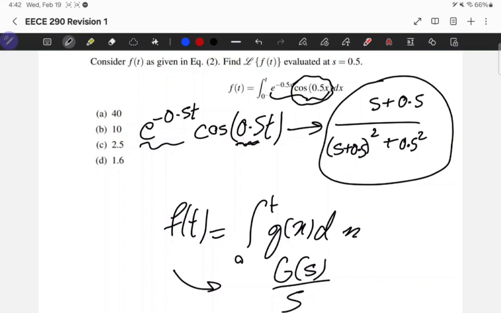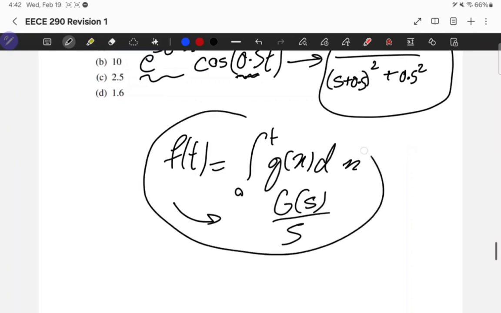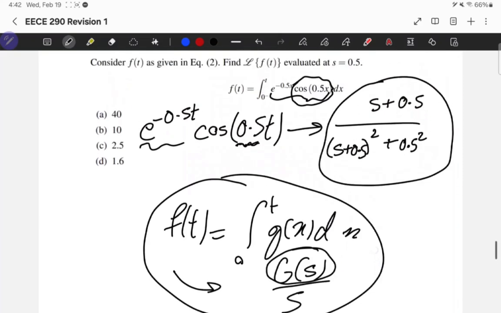Now I need to consider this integral, this form. So whatever I get, I need to divide by s. So this is my G(s). Divide everything by s and evaluate s for 0.5.